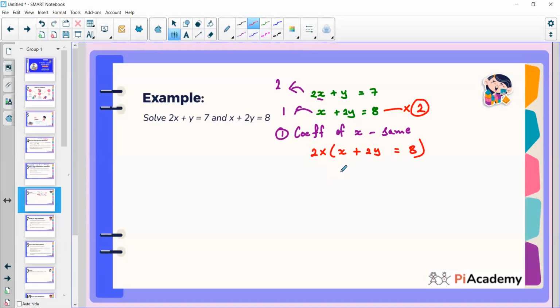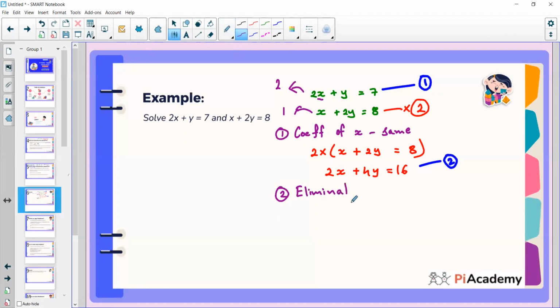So this is 2 times x, which is 2x. 2 times 2y is 4y. And 2 times 8 is 16. So now, can you check equation number 1 and equation number 2? I have 2x, I have 2x. That means I have indeed made the coefficient of x the same. Now I will show you how this is going to benefit me. As I said, I need to eliminate one variable. So I will eliminate one variable.